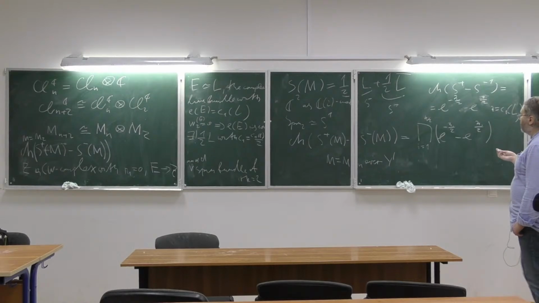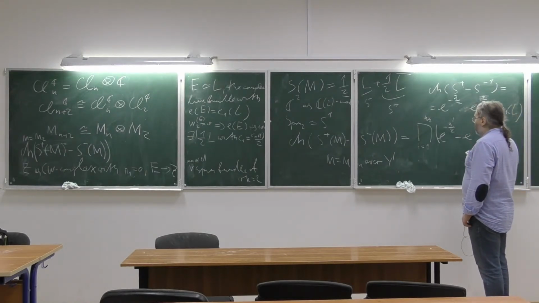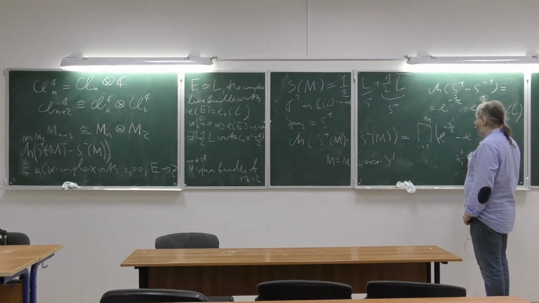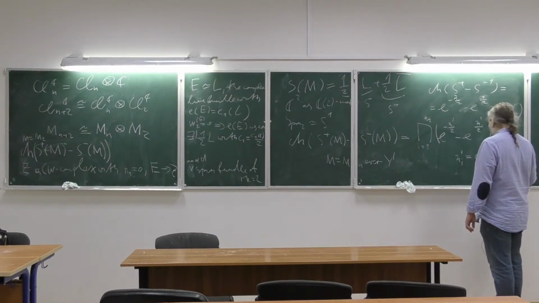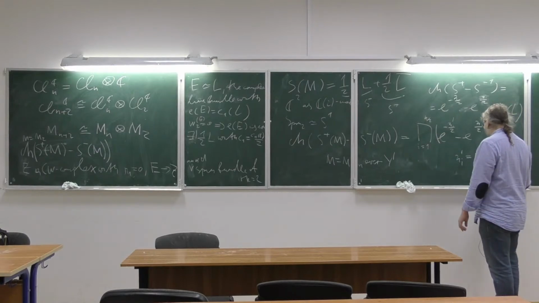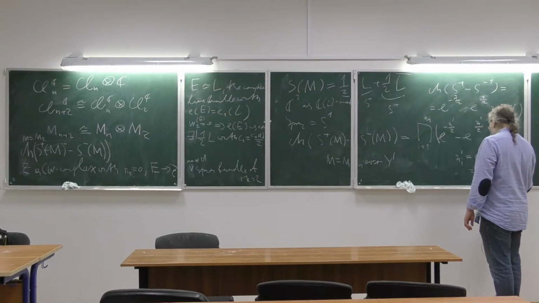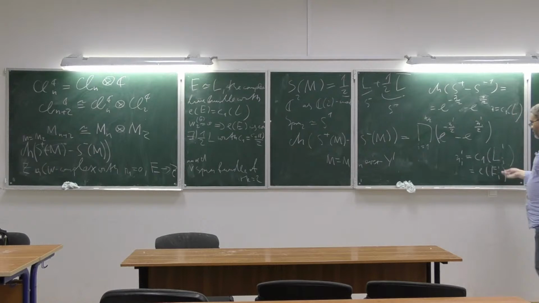Who is who in this formula? Well, we have those bundles Li prime, which are the summands of the splitting for gamma tilde pulled back to y prime.